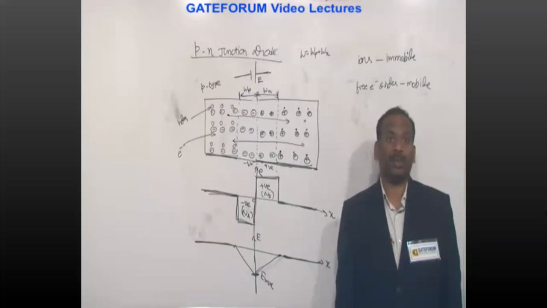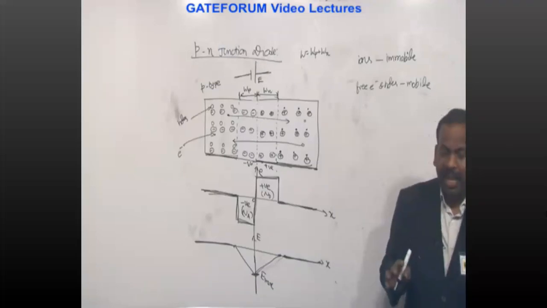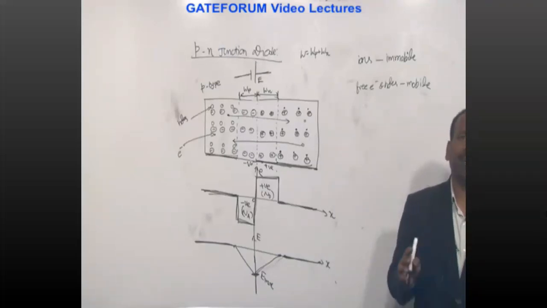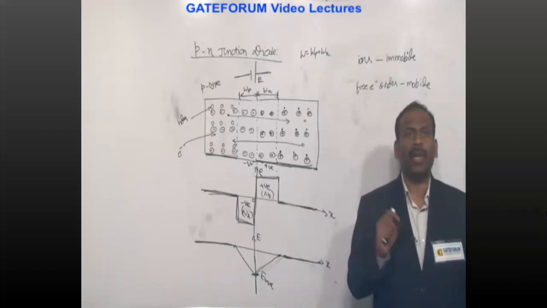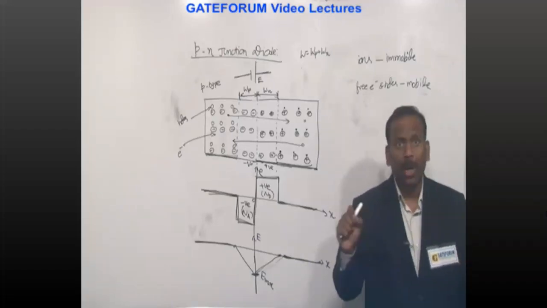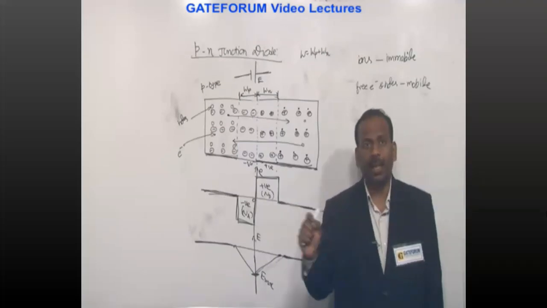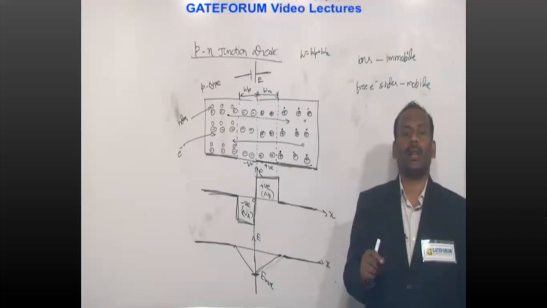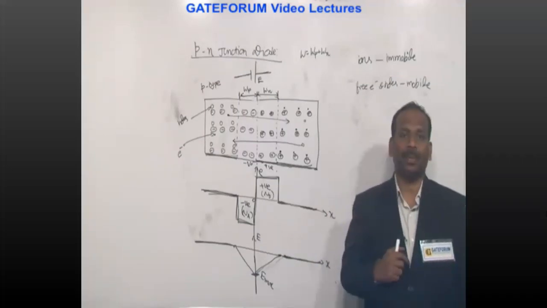That's another GATE question. Next, another GATE question: in a semiconductor or in a PN junction, current is due to, option A, only due to electrons, option B, only due to holes, option C, due to both electrons and holes, option D, due to electrons, due to holes, and also due to ions.